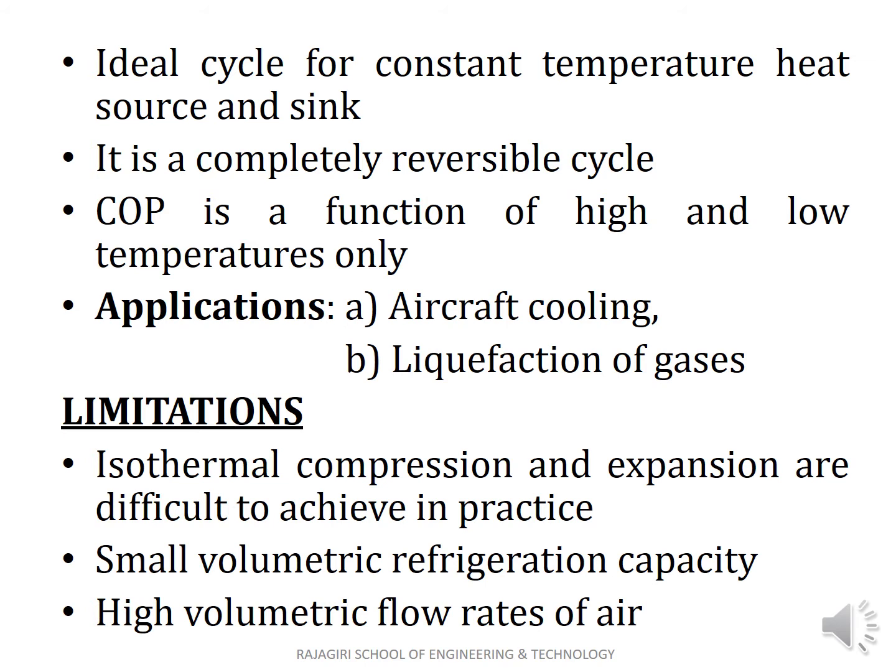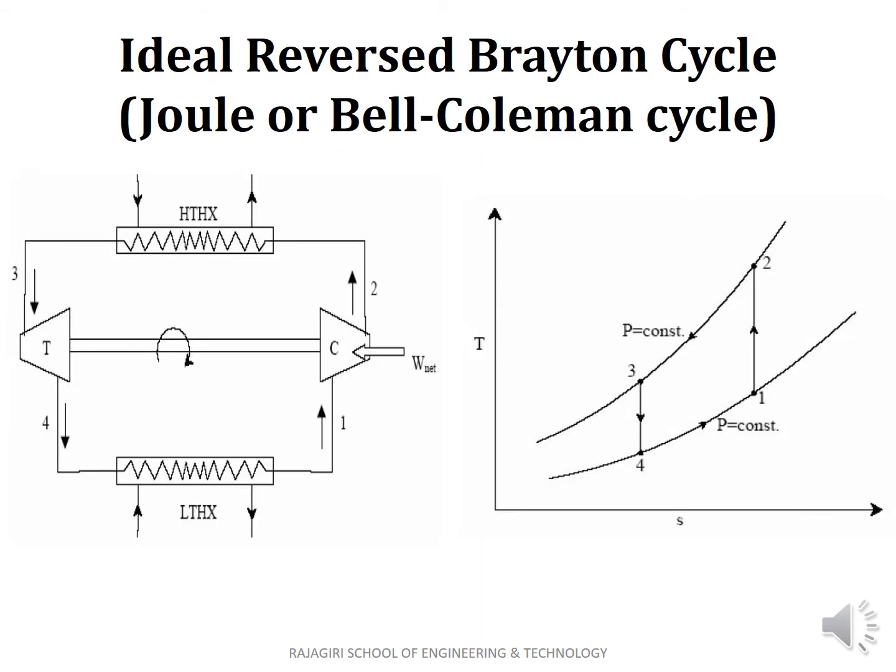Because of these limitations, we introduce another cycle which is called the ideal reversed Brayton cycle, which is also called the Joule cycle or Bell-Coleman cycle.